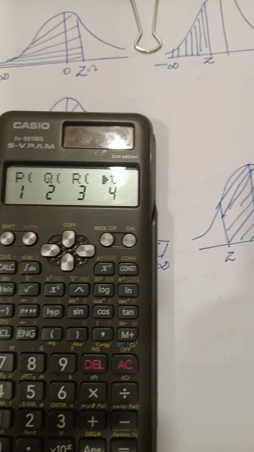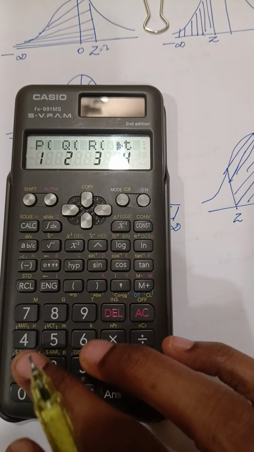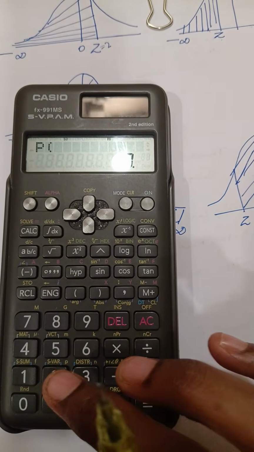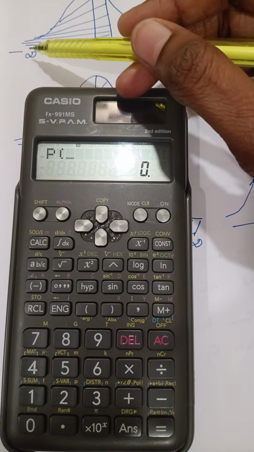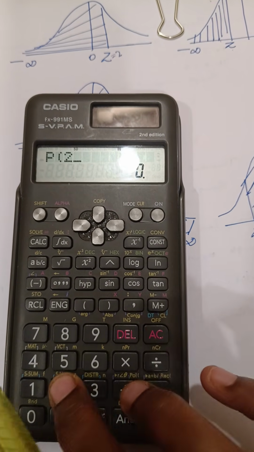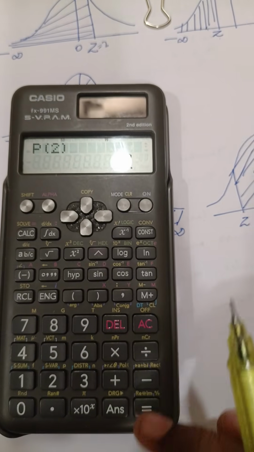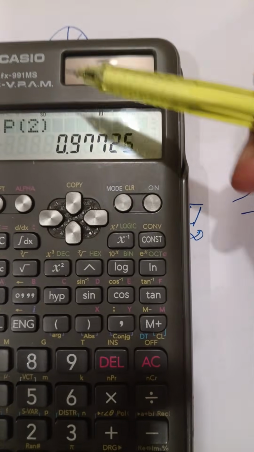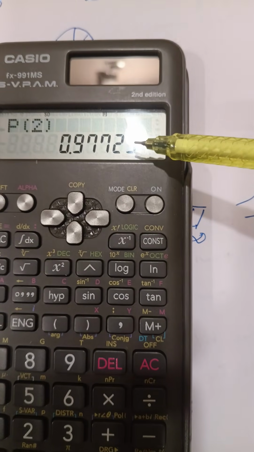So let's see. First of all, I am pressing 1 and I have to find the probability from minus infinity to 2. So I am just pressing 2 and close the bracket, equal to. So you will get the probability as 0.97725.